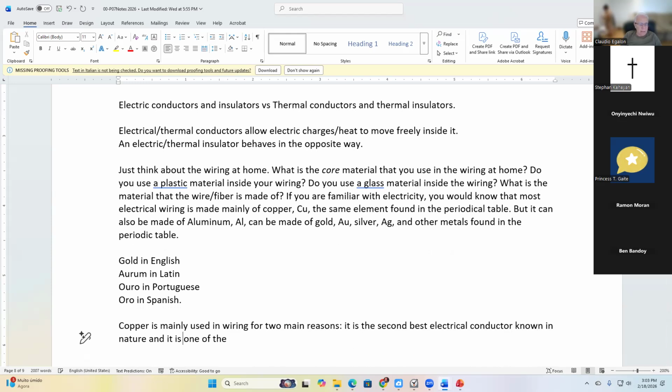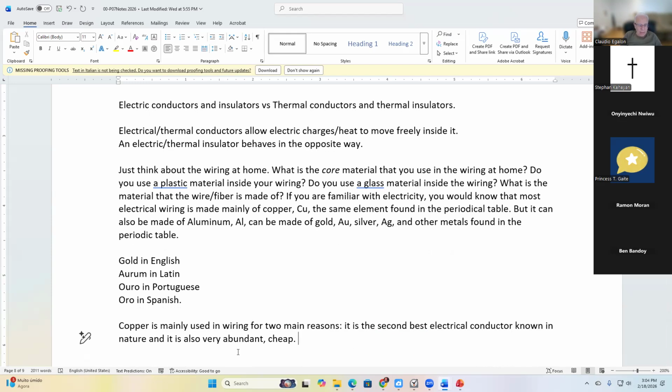And it is also very abundant and very cheap. Can you remember that?